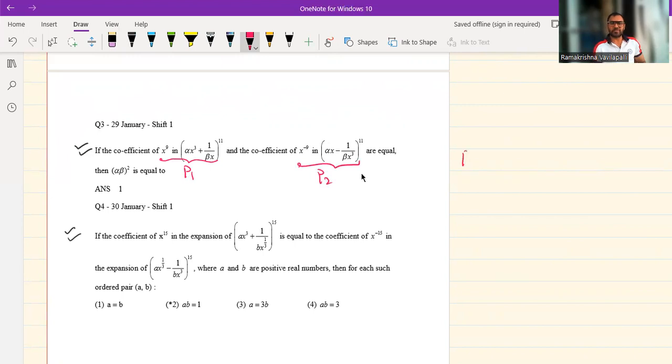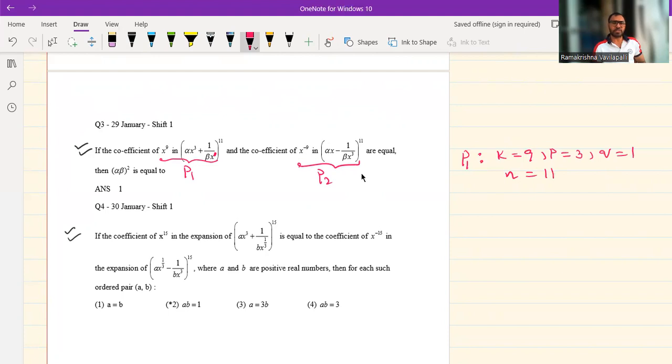For part 1, we need to find out the coefficient of x power 9, right? So here k equal to 9 and p equal to 3, q equal to 1, x power 1 is there here. And what is the n value? The n value is 11.